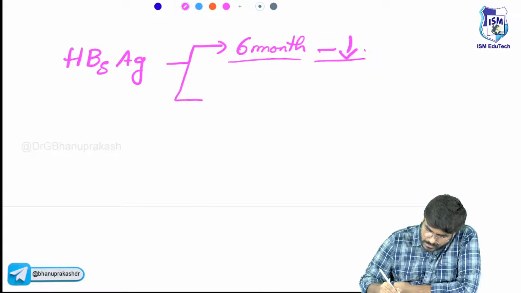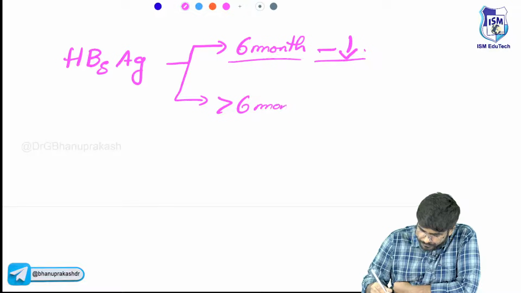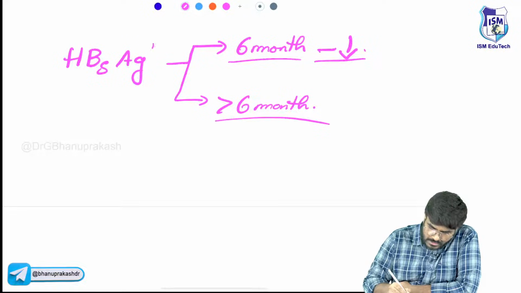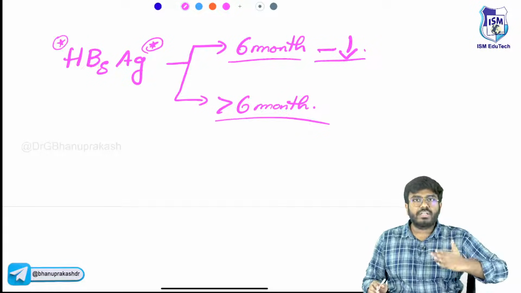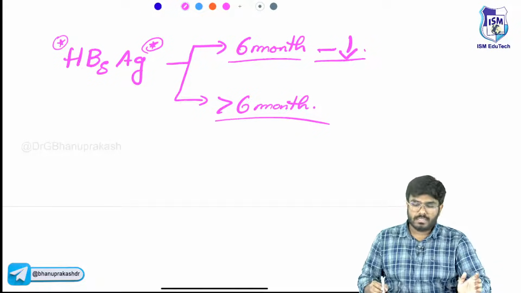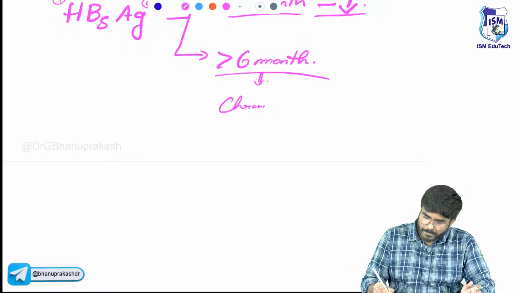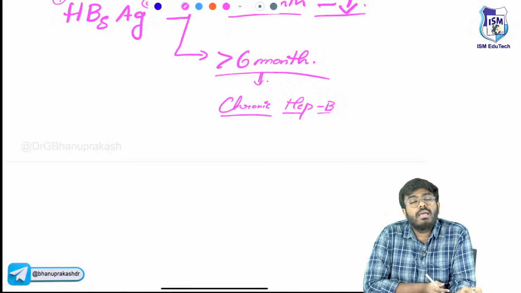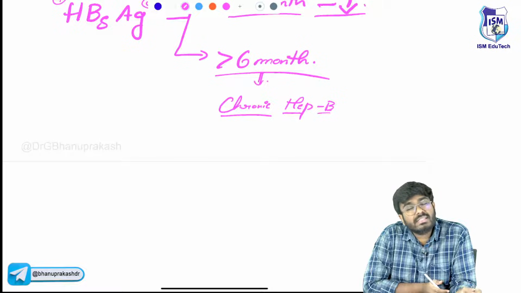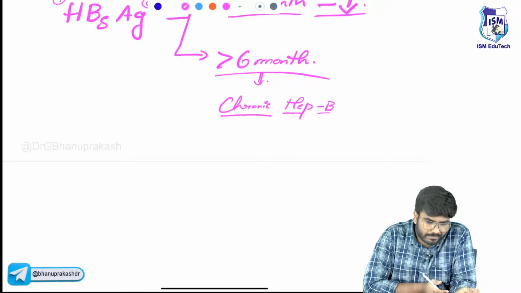If you have it for more than 6 months, the presence of HBsAg in the blood for more than 6 months, even though you are treating, then you can say it is chronic hepatitis B. The persistence of the hepatitis B surface antigen for more than 6 months indicates chronic infection.